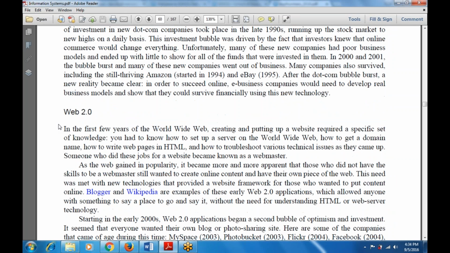Now, the next one is Web 2.0. Benjamin, any doubts till now?